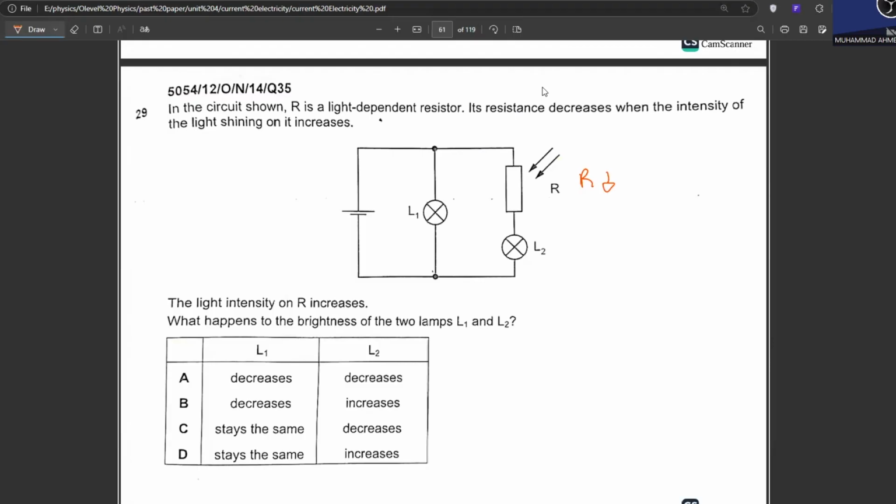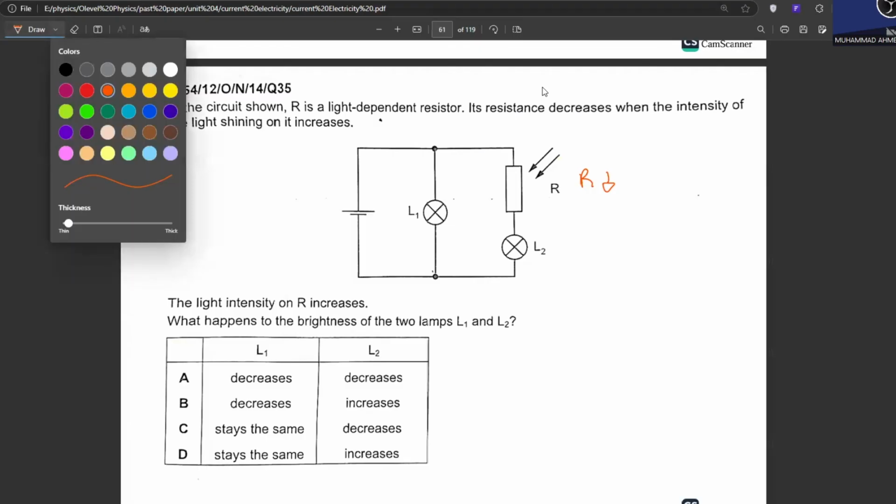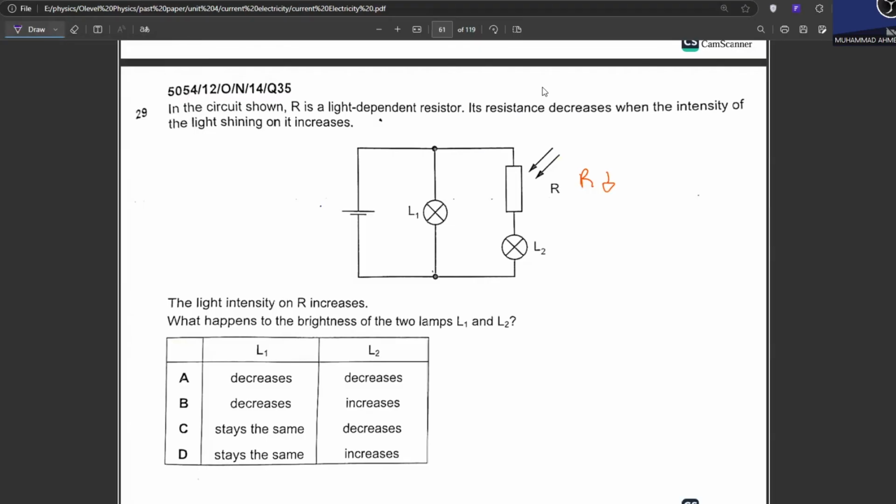Now, I think the best possible way to explain this is to give you numerical values. Let's say you have a battery of 6 volts here. This branch will get 6 volts, and let's say initially we are getting 3 volts here and 3 volts here. As the resistance of the LDR decreases, what have we studied? Voltage is directly proportional to resistance.